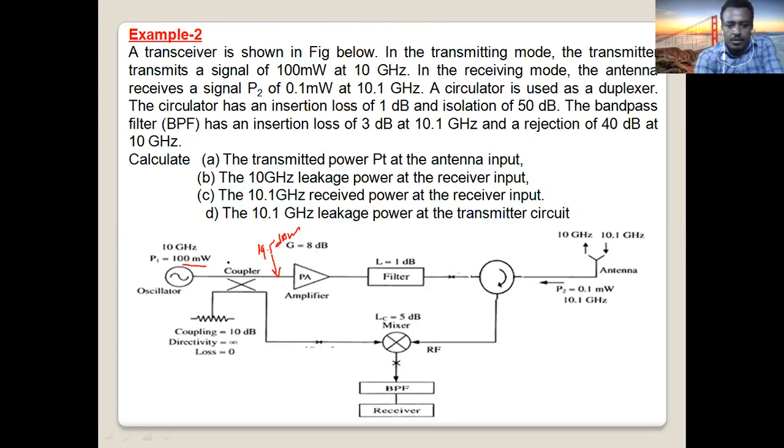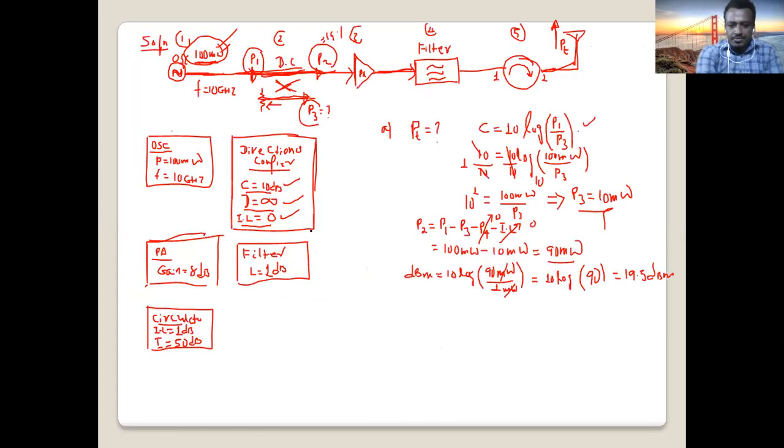This 100 milliwatt is divided into 2, 90 is transmitted directly, 10 coupled. How do you get this? From the coupling C. So convert this 90 milliwatt into dBm. Why do we convert milliwatt? Because dBm is much simpler.